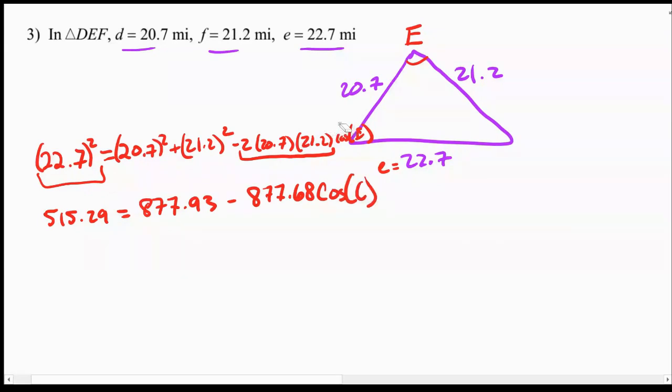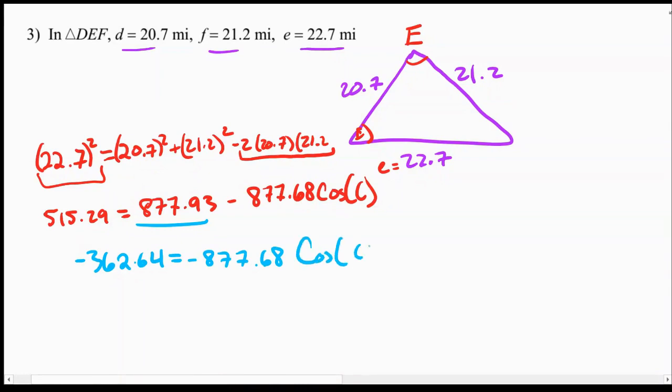So try and not erase my triangle here. Oh, I did it. Okay, so from here, my calculations, I'm going to subtract 877.93 from both sides. So 515.29 minus 877.93. And then I get negative 362.64 equals negative 877.68 times the cosine of our angle.